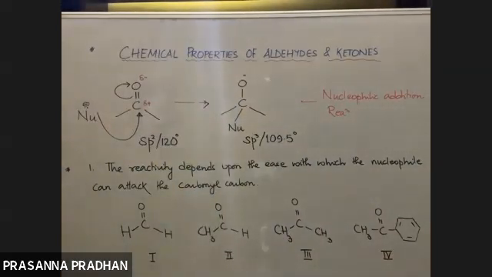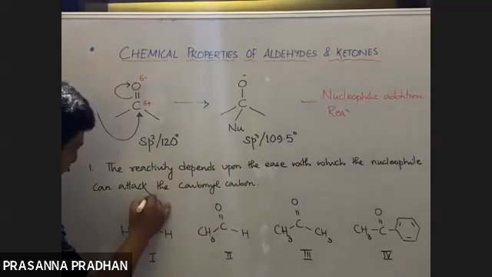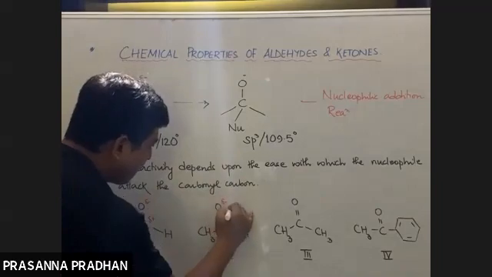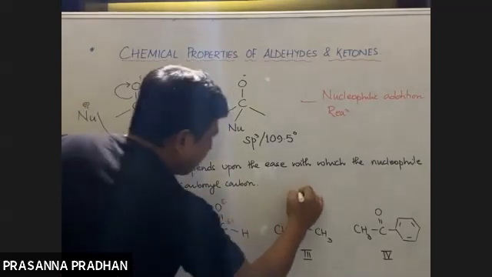So what is the logic? The reactivity depends upon how easily this nucleophile can attack this carbon. Now, between 1, 2, 3, and 4, where do you think the nucleophile can easily attack the carbonyl carbon? In which case? कौन सा केस में the nucleophile can easily attack the carbonyl compound, 1, 2, 3, or 4?